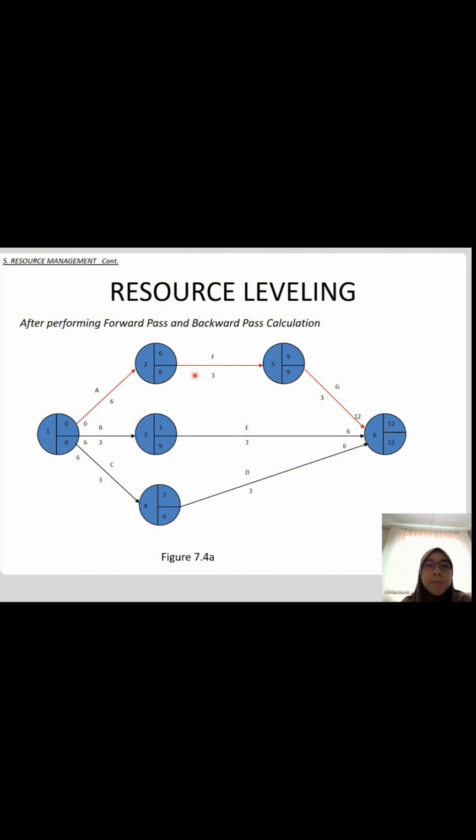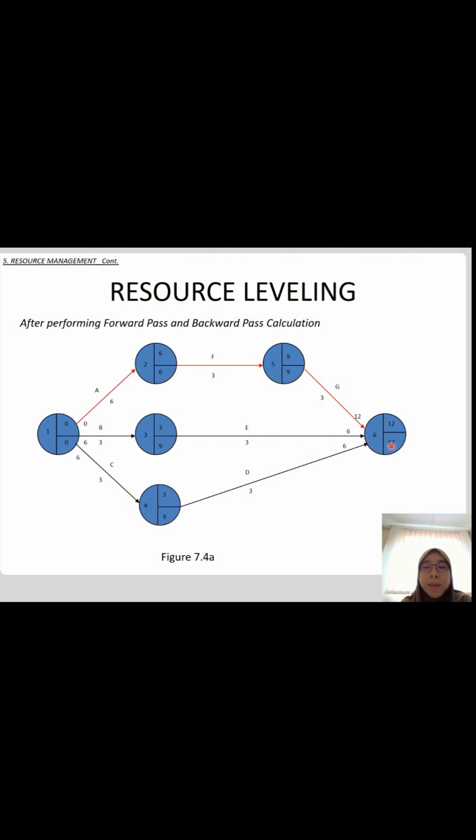Okay, so 6 plus 3 is 9. 6 plus 3 is 9. Okay, because you have 3 arrows coming in, we need to select the highest value. 3 plus 3 is 6, and here 9 plus 3 is 12. So 12 is the highest value. So our total duration of the project is 12 days.